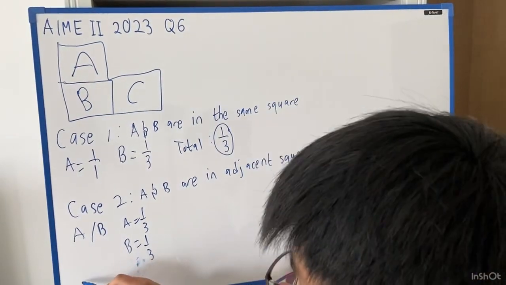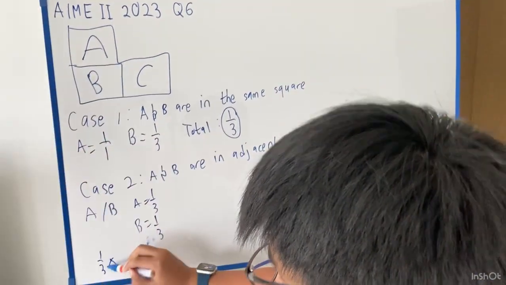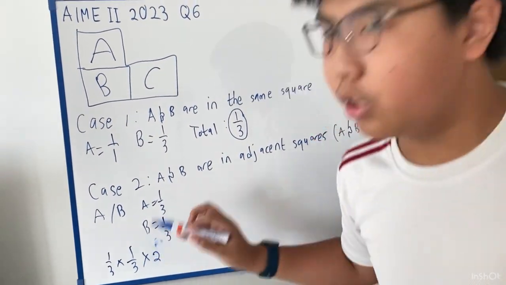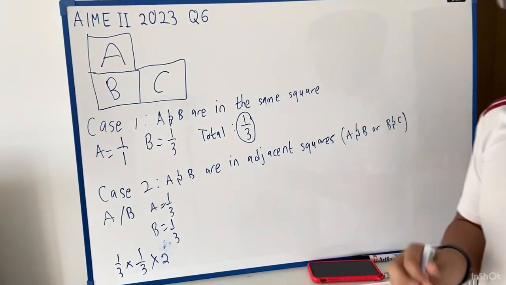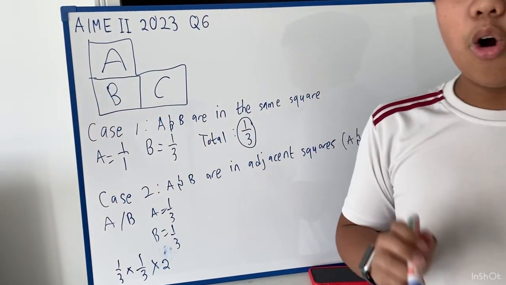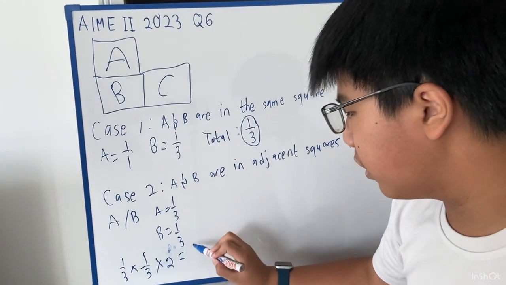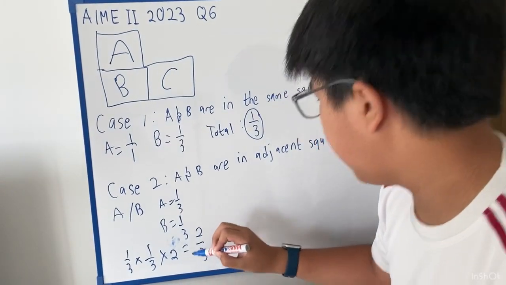So the probability for that subcase is 1 over 3 times 1 over 3. And then you have to times 2 because A can be in A and B can be in B, or A can be in B and B can be in A. It doesn't matter. So therefore the total for the subcase is 2 over 9.